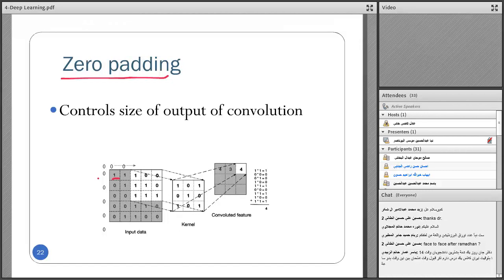But this is a decision in the university and in the Ministry of Science. They said that after Ramadan the courses should be physical.